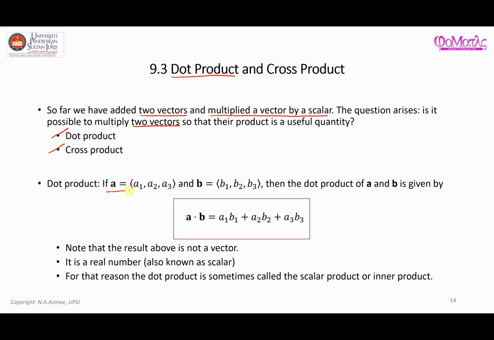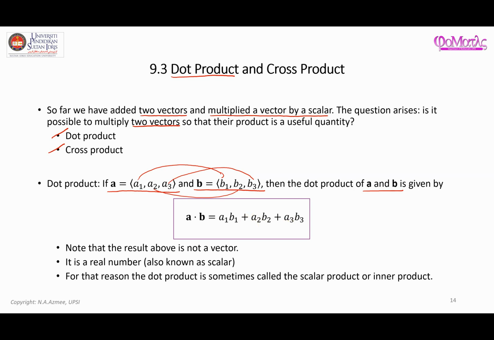So let us talk about the dot product. If vector A is defined as A1, A2, A3 and B is given by B1, B2 and B3, so these are three-dimensional vectors, then the dot product of A and B is given by this formula. You multiply the respective components, A1 with B1, A2 with B2, and A3 with B3, and then you add them all together.